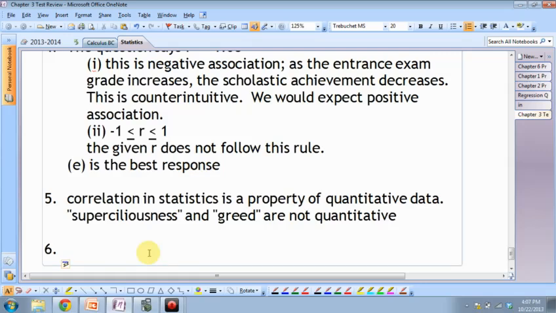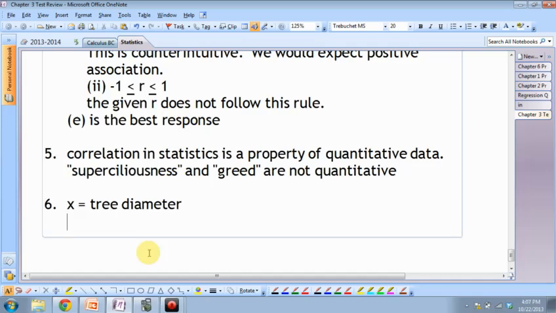Okay, it says diameter and tree height. So we can just substitute a diameter of 7. So X is equal to tree diameter. Negative 3.6 plus 3.1 times 7 is 18.1.